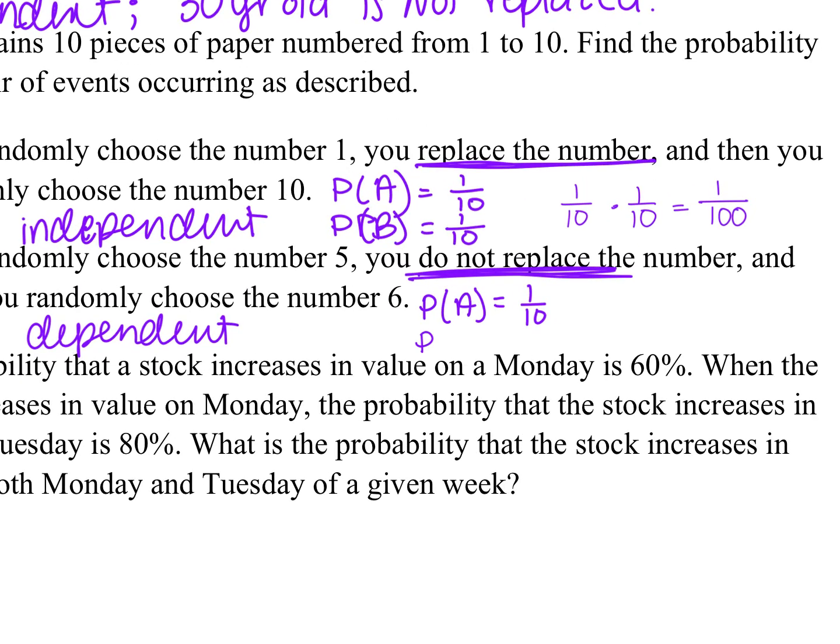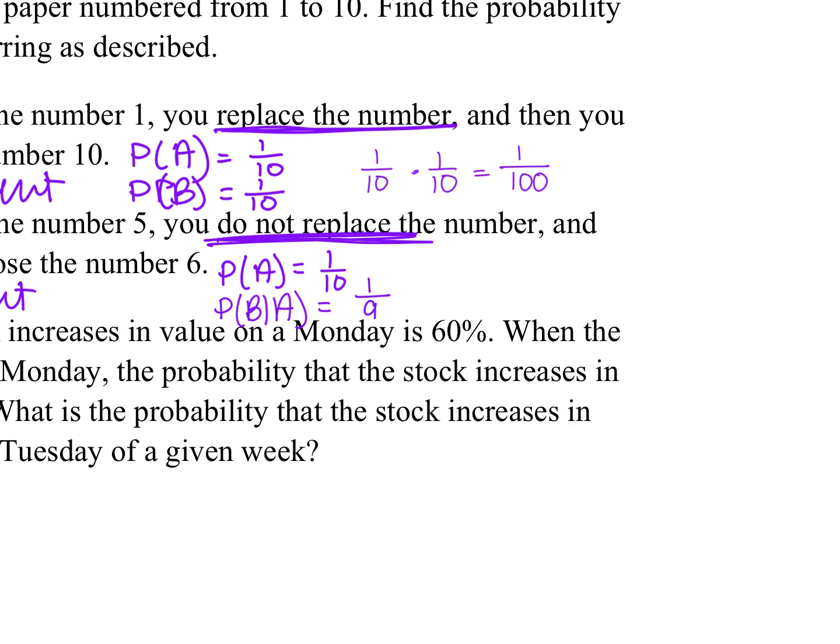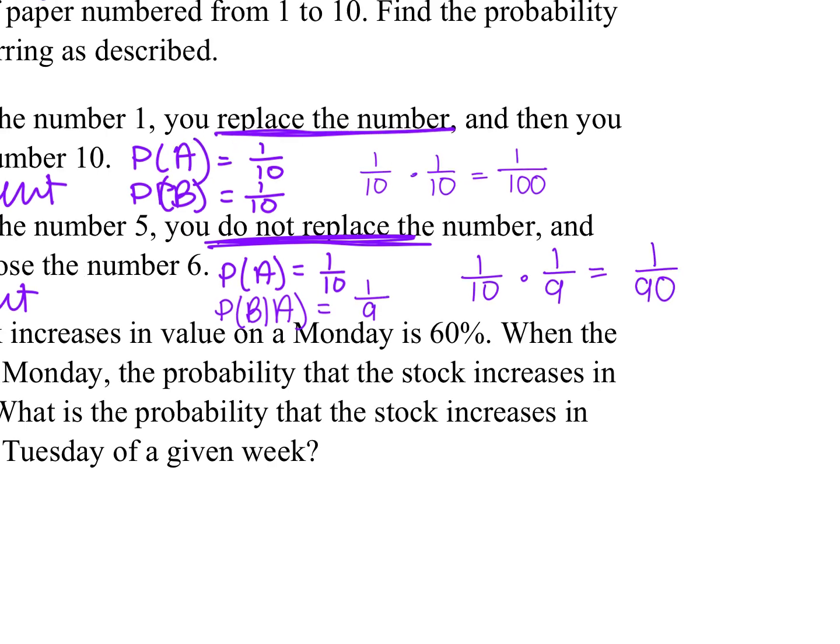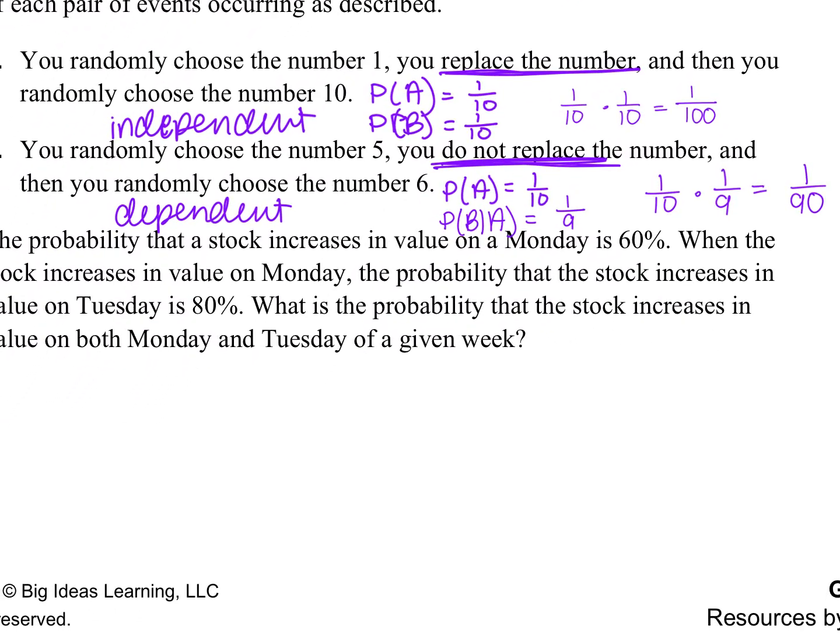And then my probability of B after A has occurred. Keep in mind I took that number 5 out. Now I have a total of 9 numbers, and I still have a 6 in there because I didn't touch my 6. I took out my 5, not my 6. So same thing as I did before, just multiply both of them. And I'm going to get, again, 1 over 90. You can change that to a percent. You could also change that to a decimal.